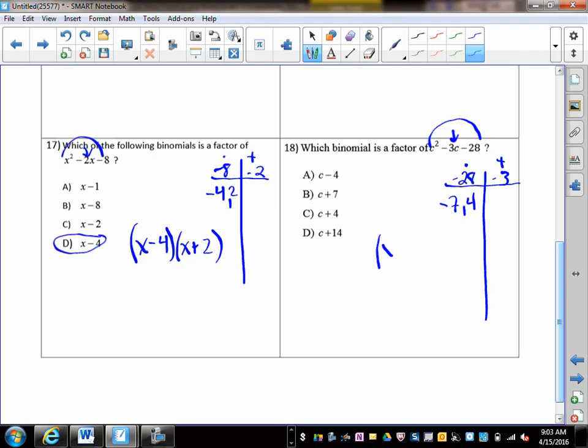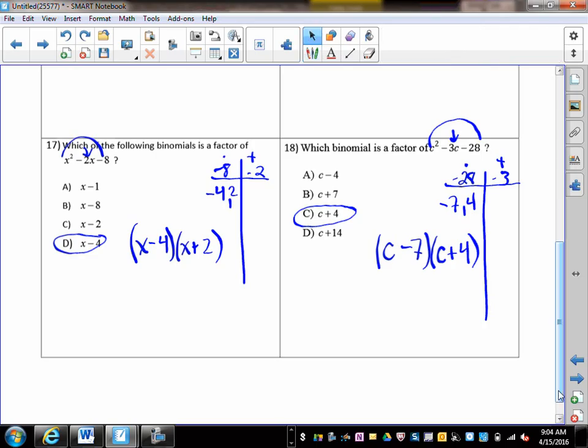It's a C, so we need to use the letter C. C minus 7, C plus 4. Which of these matches? C. And remember, to make sure you did it right, we can check.